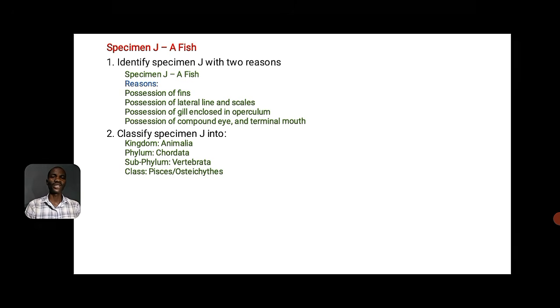If the fish is catfish or it is tilapia fish, then you can say Osteichthyes. But if it is not a bony fish, if it is cartilaginous, then stick with Pisces. WAEC will not penalize you for that. But if the fish is tilapia or catfish, then you must add Osteichthyes.